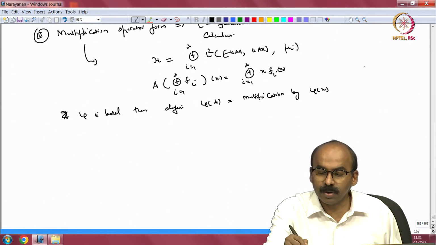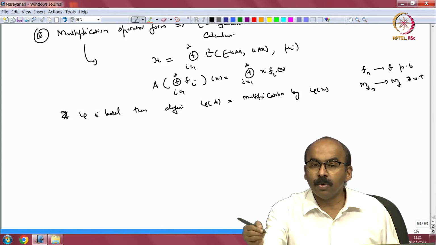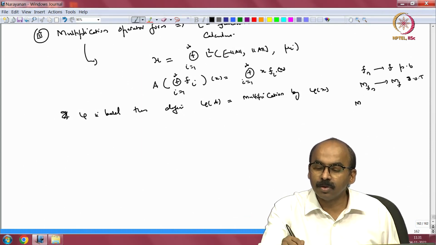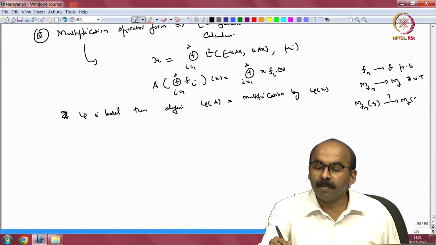So, if f n converges to f pointwise and bounded, then you are looking at multiplication by f n, that is your operator. I want to know if that converges to multiplication by f in the strong operator topology. So, you act on some function: m f n at g, whether this converges to m f at g.